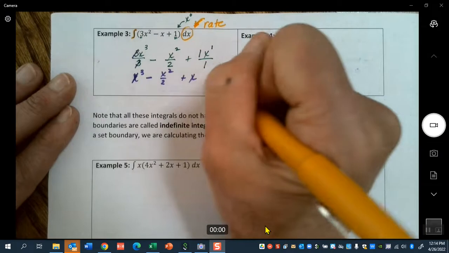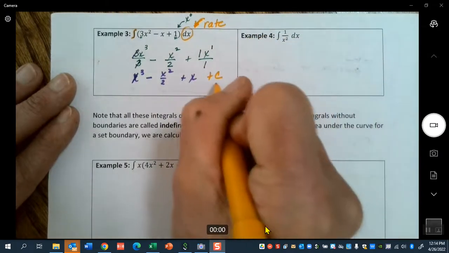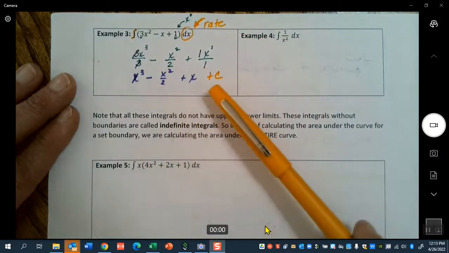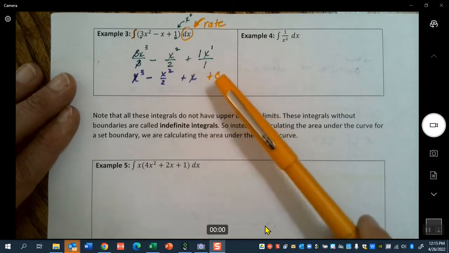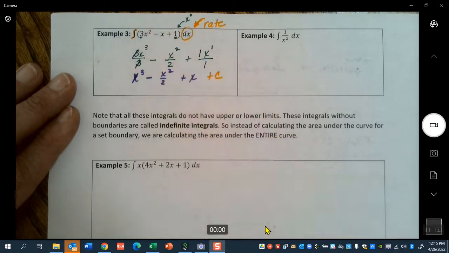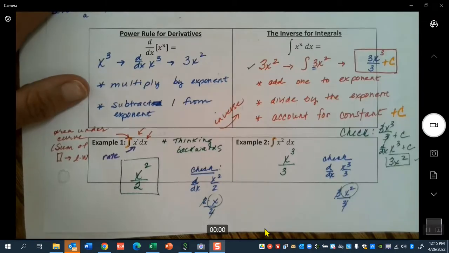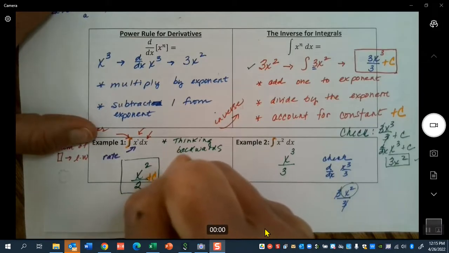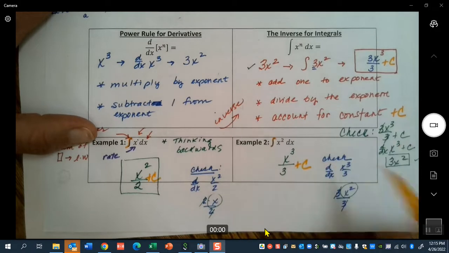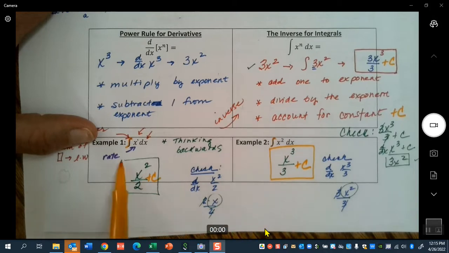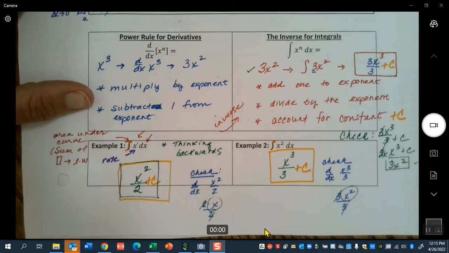Now the most important thing is we need to remember our plus c, because there might have been a constant here that I lost when I took the derivative. In fact, now that we mention it, we need to come back to the front of the page and add our plus c's. So make sure that you include that plus c. And that's going to be the thing that we need to help each other remember more than anything else.